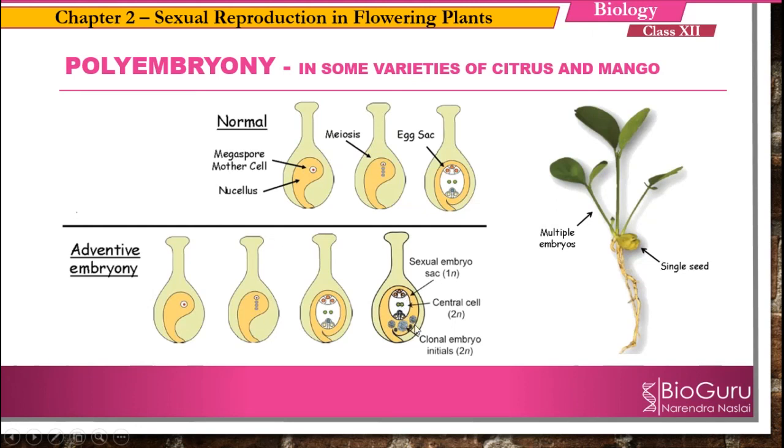Surrounding the embryo sac there is nutritive tissue called the nucellus. Some of the nucellus cells divide and protrude into the embryo sac and develop into embryos. In such a case, the ovule or the seed may bear more than one embryo. After germination, you can see one seed giving rise to multiple seedlings, right?